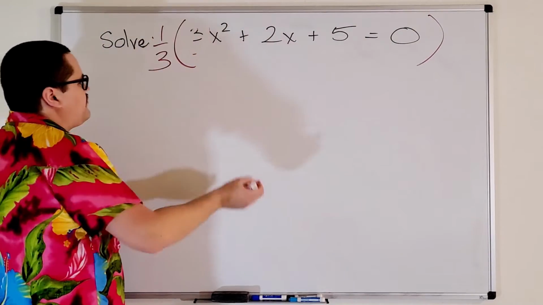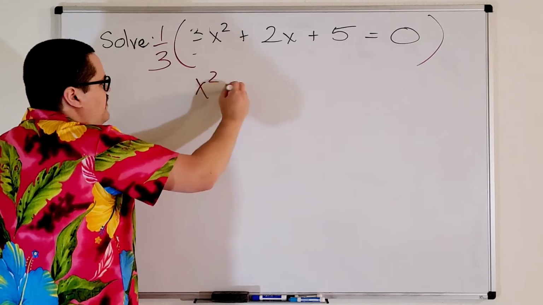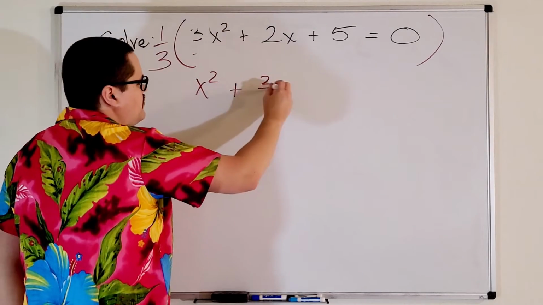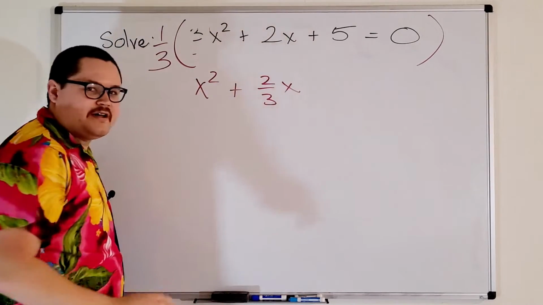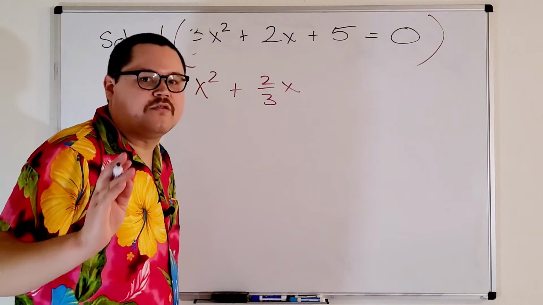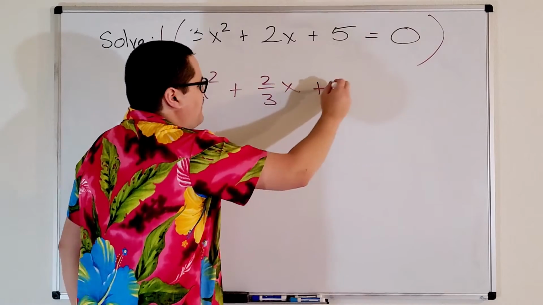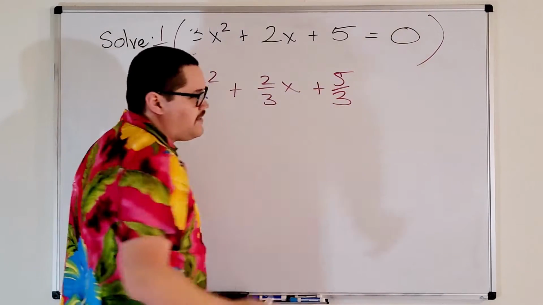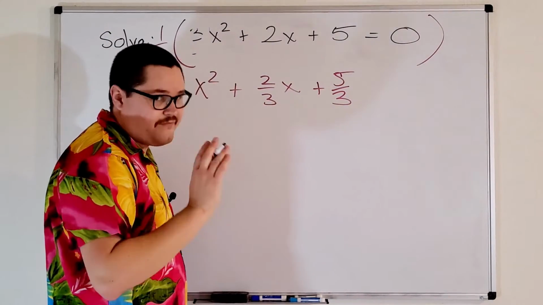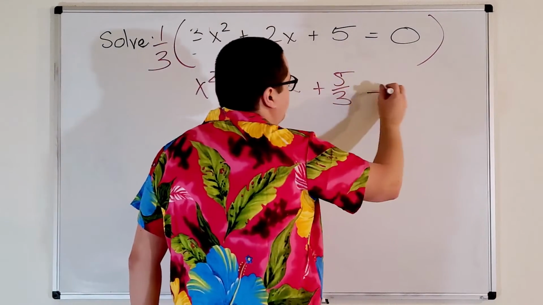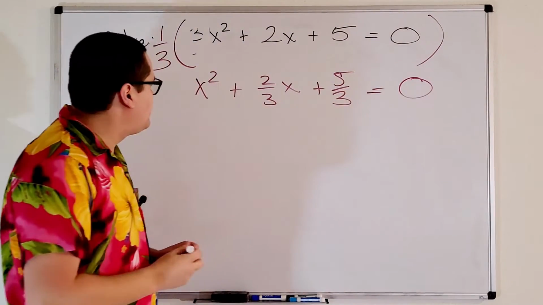So 3 over 3 is just 1, so this is x squared. 2 over 3 is 2/3. 5 over 3 is 5/3. And 0 over 3 is just 0.